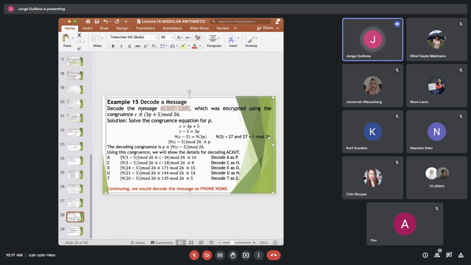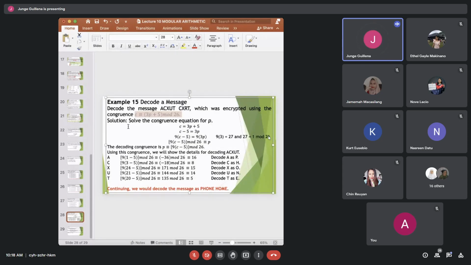But in this case, it doesn't coincide with the problem of decoding the message. So what you need to do is transform the given congruence equations algebraically, solving for P. That can be done algebraically with the idea of multiplicative inverse.